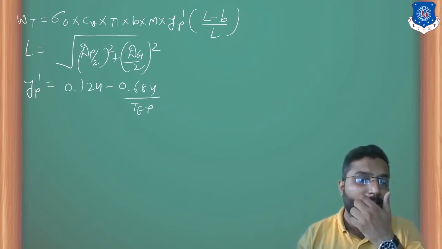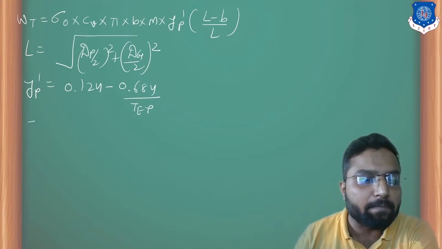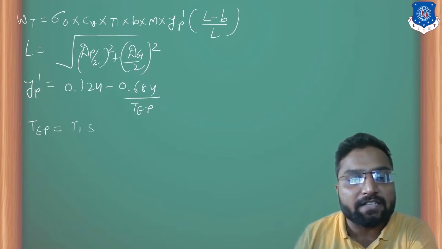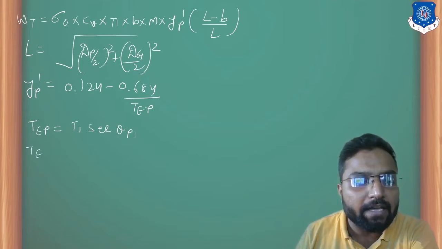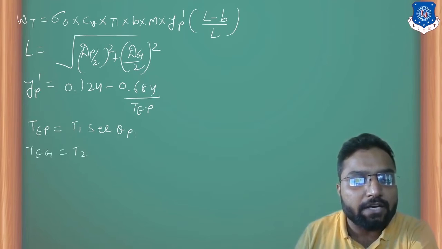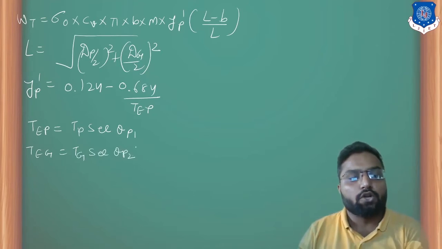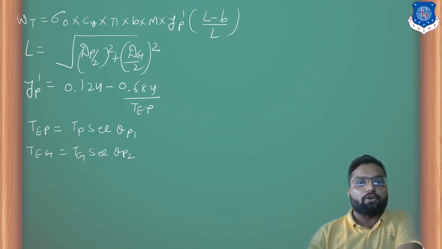So first of all, we have to find TEP. What is TEP? TEP and TEG are the equivalent number of teeth of pinion and gear, which are TEP equals T1 sec theta P1, and TEG equals TG sec theta P2. So both will be our equations.